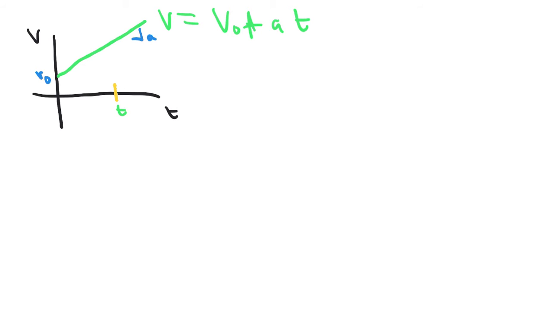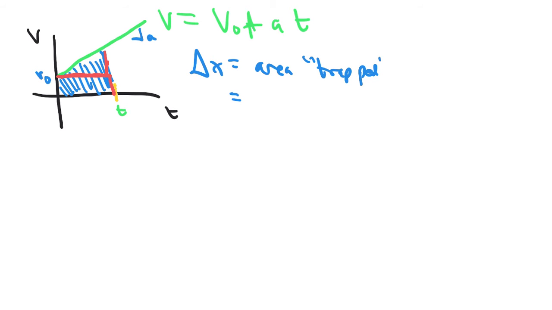So we know that the displacement is the area under this graph, or trapped by this graph. This area I'm going to think of as a rectangle and a triangle. So delta x, which is the area trapped, is a rectangle plus a triangle.